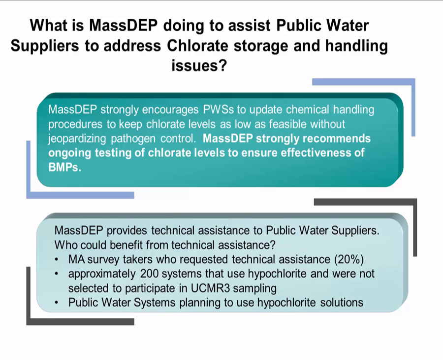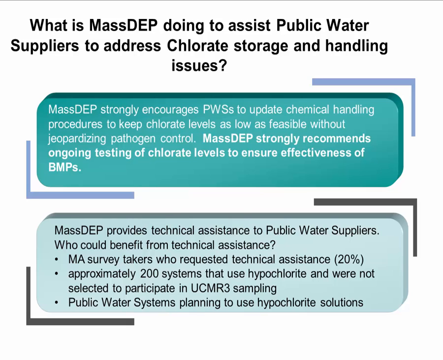What is Mass DEP doing to assist public water suppliers to address chlorate storage and handling issues? Mass DEP is encouraging public water systems to update their chemical handling procedures to keep chlorate levels as low as feasible without jeopardizing pathogen control.